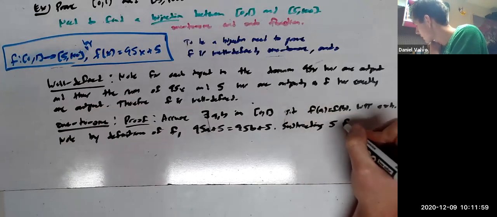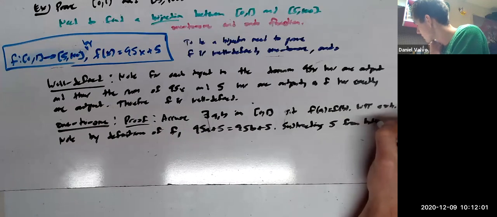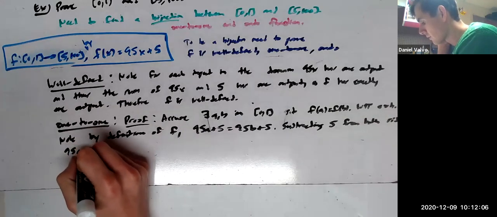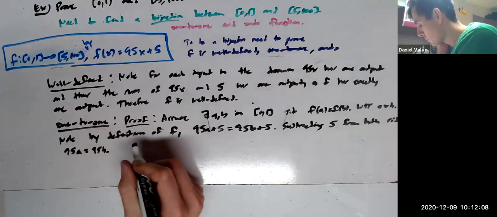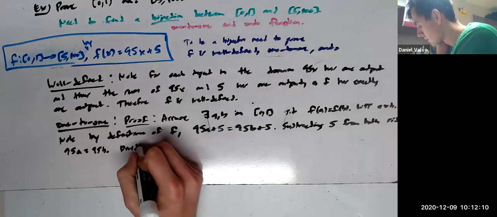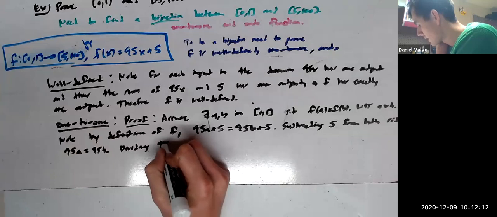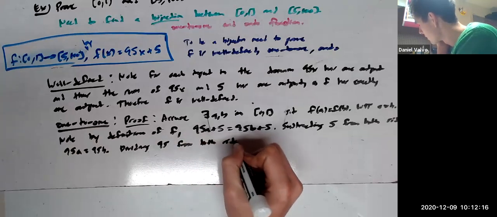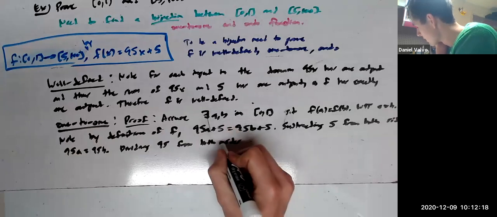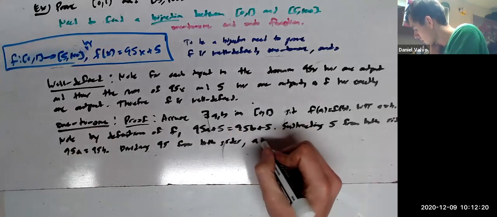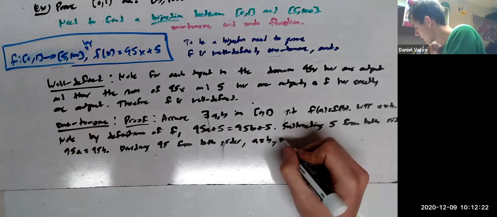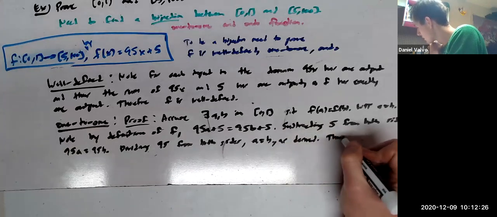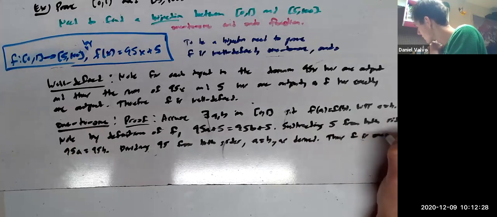Subtracting 5 from both sides, 95a equals 95b. Dividing 95 from both sides, a equals b as desired. Thus, f is one-to-one.